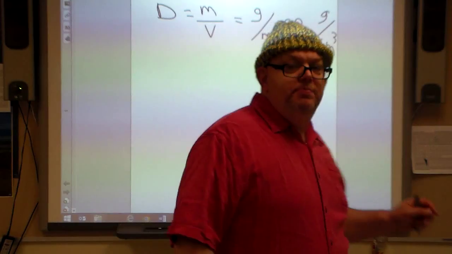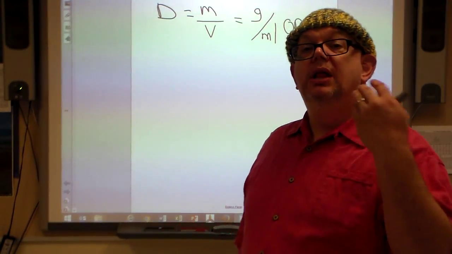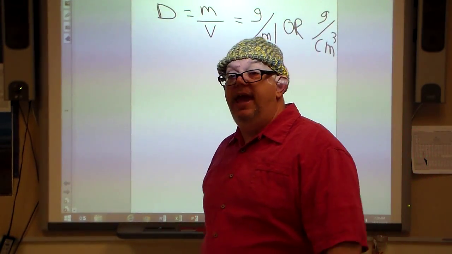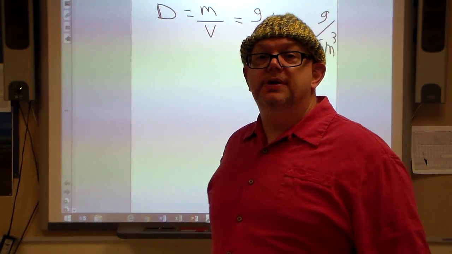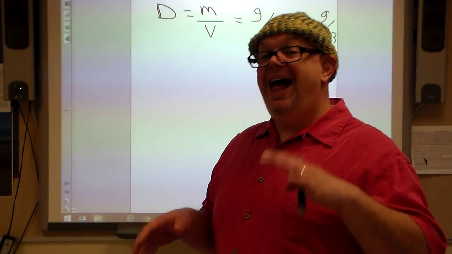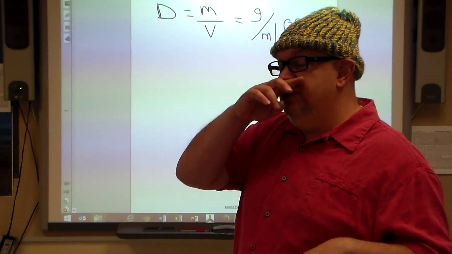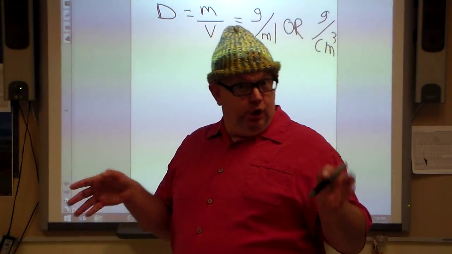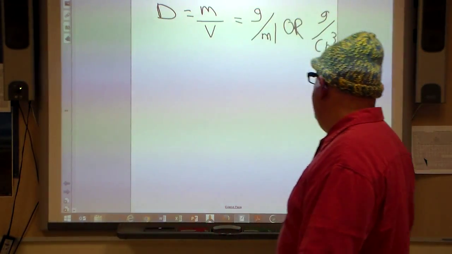You get the grams per milliliter if we're referring to liquid, like if somebody gave a blood sample, for example, we can calculate the density of that person's blood. And that might give us some clues about a few things. Okay?